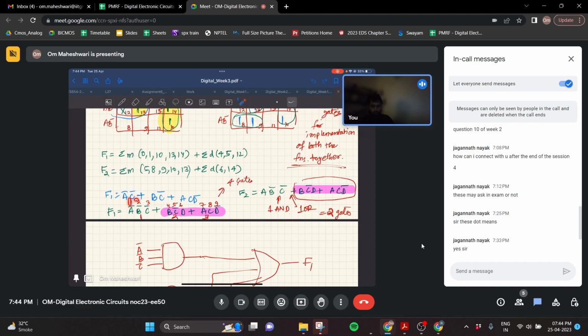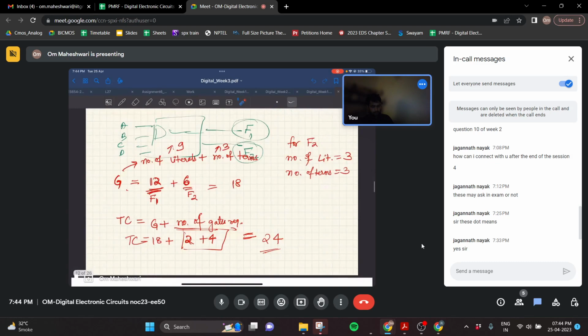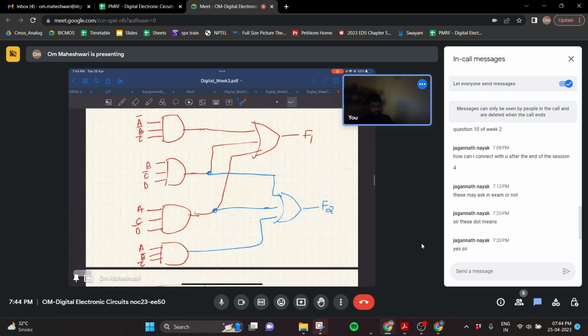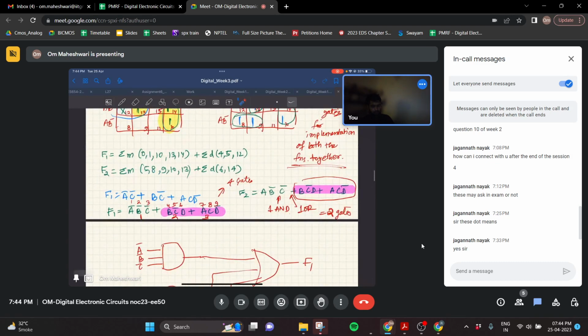So I have 1 2 3 4 5 6 7 8 9, right? So I have 9 from here plus three terms, 1 2 3, three terms. And here in f2 I have one.